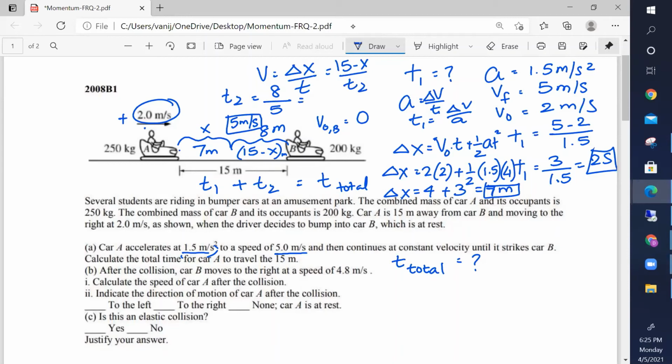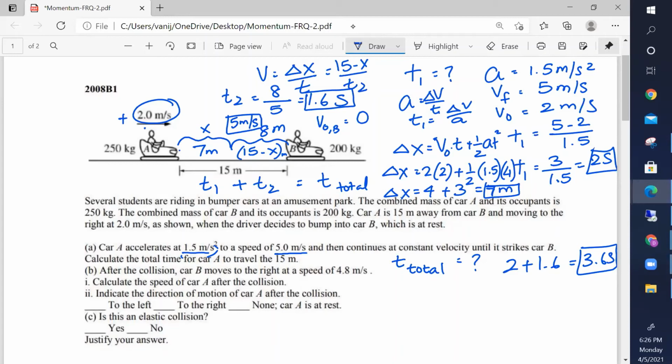So now you divide these: 8 divided by 5 is equal to 1.6 seconds, which is your T2. So I have T1 and T2. Now you add those together: 2 plus 1.6 seconds equals 3.6 seconds. This is the total time it would take for the car to travel a distance of 15 meters.